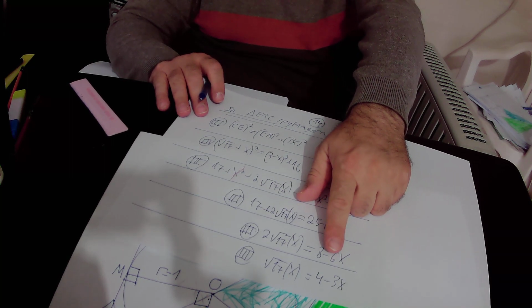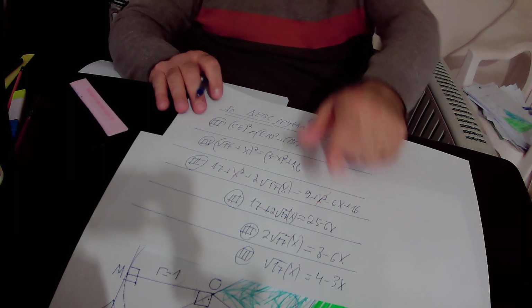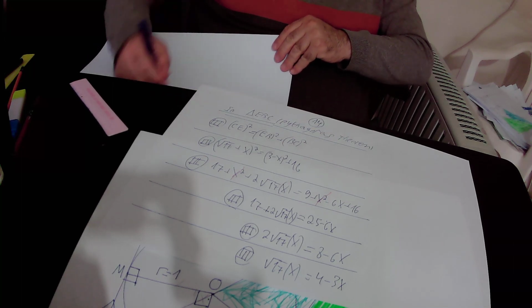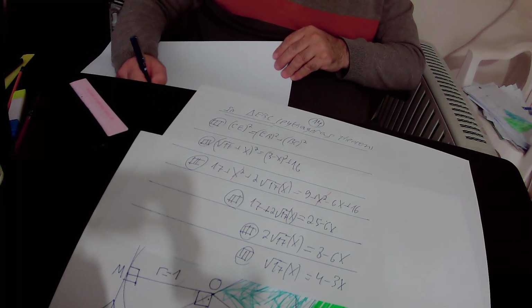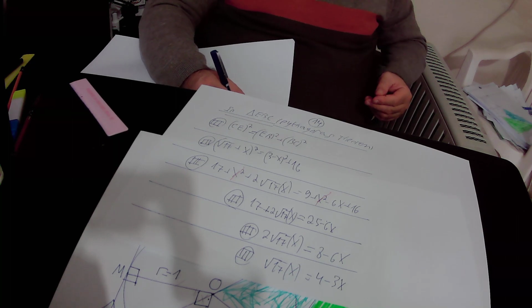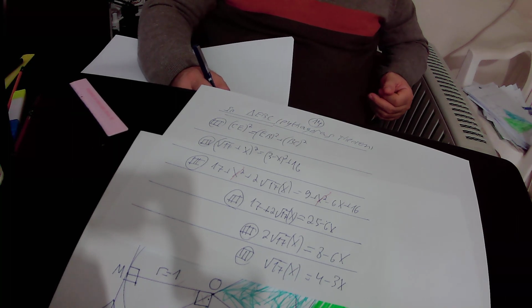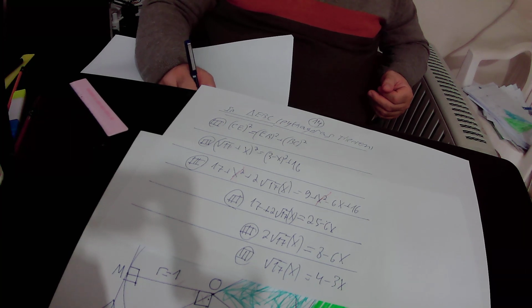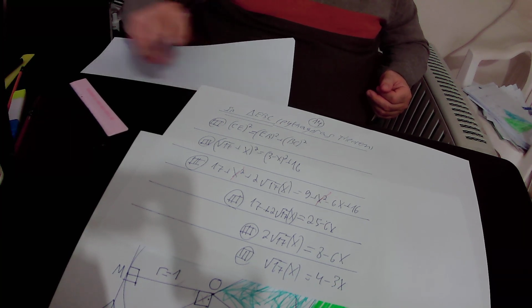Here we will add 3x to equation number 3, and we will get that square root of 17x plus 3x equals 4.